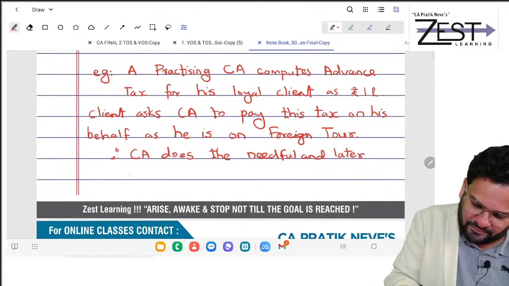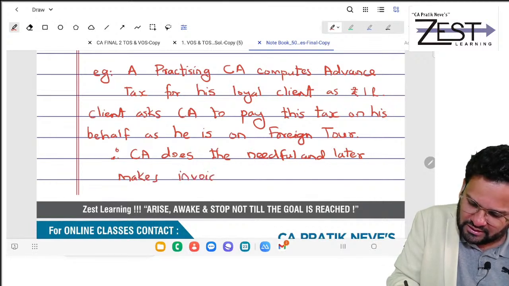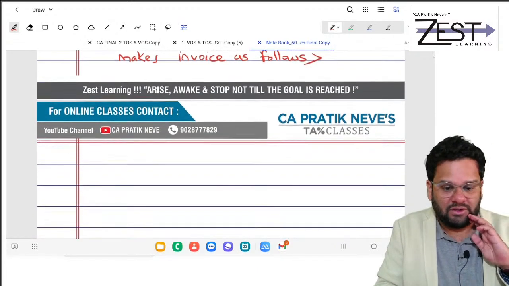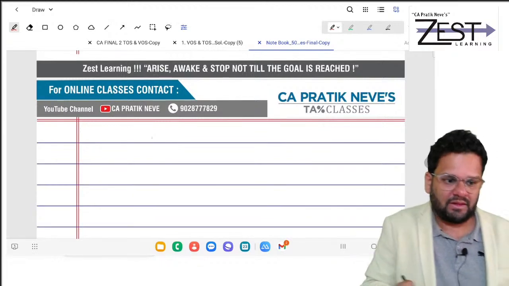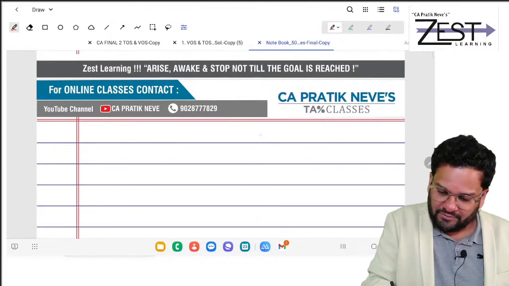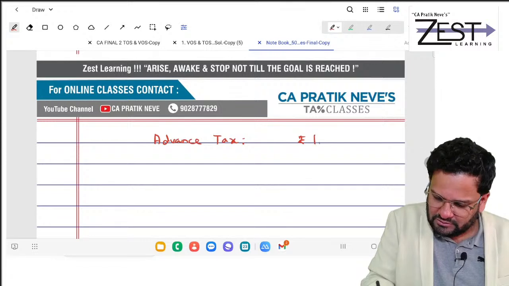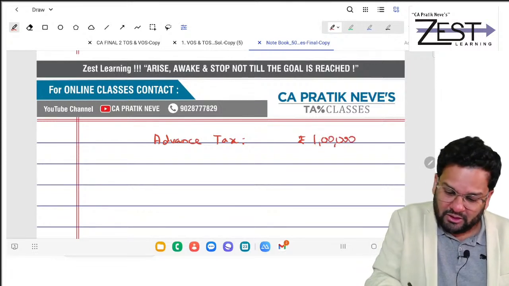later makes invoice as follows. What invoice does he make? Advance tax rupees 1 lakh.